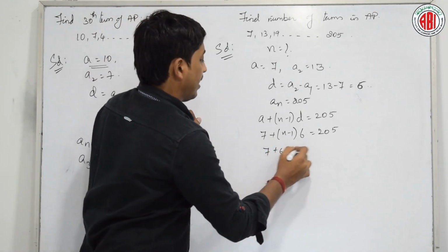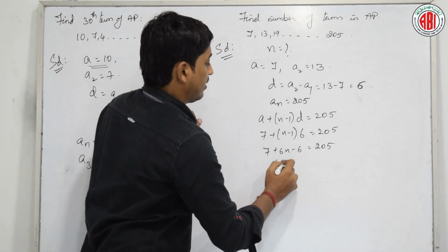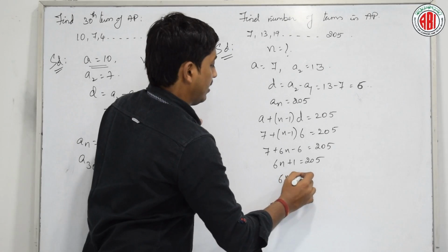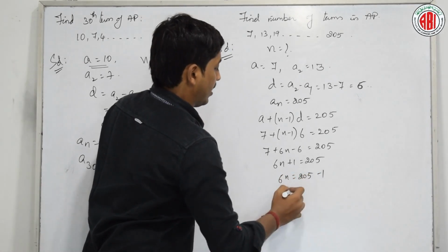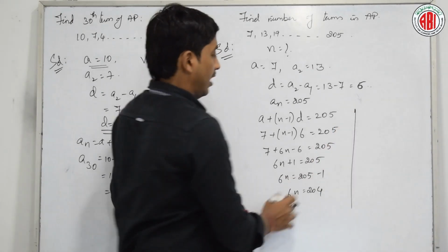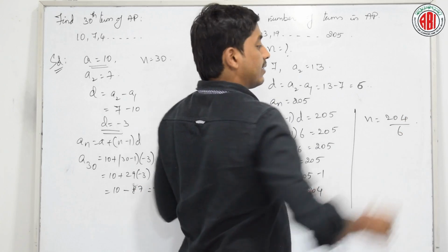7 plus 6n minus 6 is equal to 205. 7 minus 6 is 1, so 6n plus 1 equals 205. 6n is 205 minus 1, 6n is 204. And now, what is the value of n? n is 204 by 6.